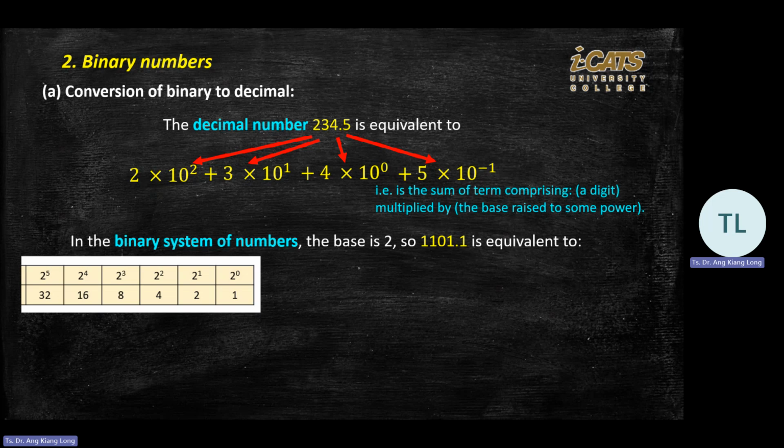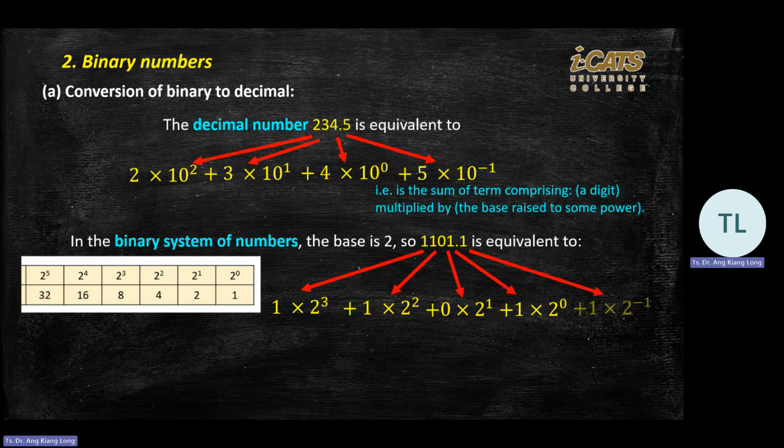So this one is -1. This one is 0, 1, 2, 3. So you start to write. The first digit is 2 power 3. Then this one is 2 power 2, 2 power 1, and so on. And 0.1 means 2 power negative 1. If you have learned indices, what does 2 power negative 1 mean? It means 1 over 2.